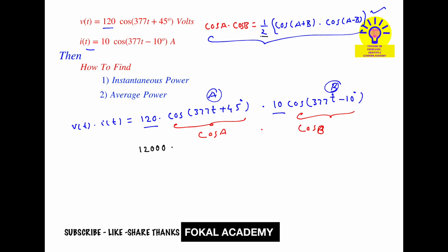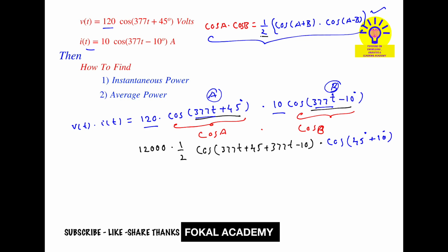Then we get half, so 1 by 2 into cos of A plus B, that is this value plus this value, 377t plus 45 plus 377t minus 10, plus cos of A minus B. So 377t minus 377t cancels, so 45 degrees minus minus 10 gives 55 degrees. Half of 1200 becomes 600.